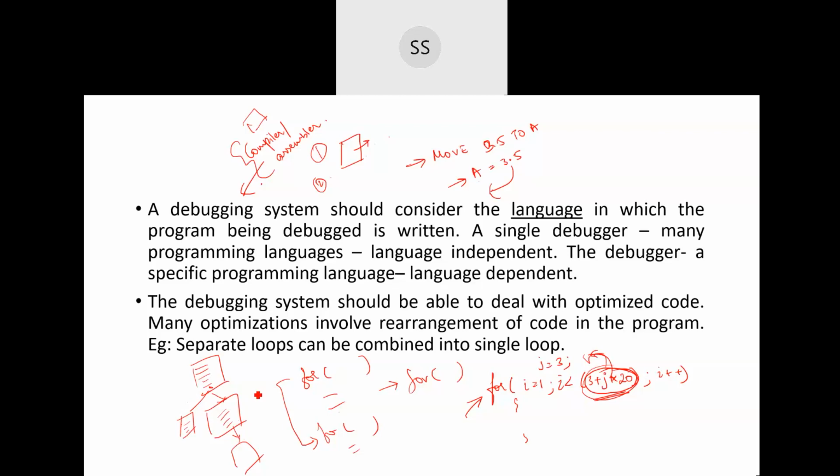But a big problem with optimization is that it affects your debugging system. When do we normally do debugging? It is done on the original program, the original code, before optimization. In a compiler also, debugging is done before optimization of your code is performed.